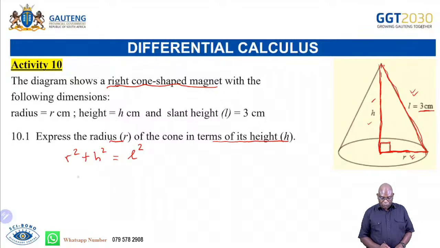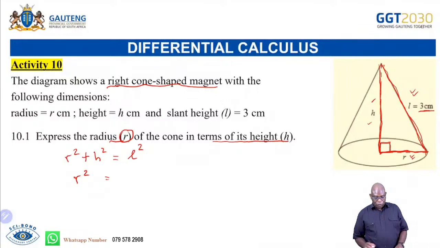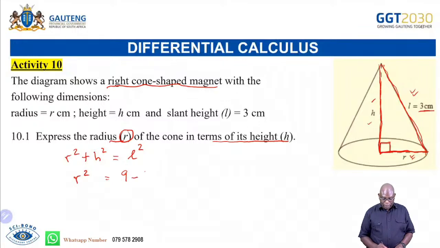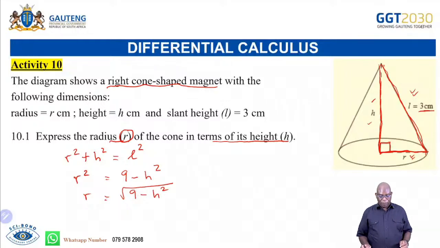So in this one, I need the R. Then they said radius. They didn't say radius squared. So radius squared will be the slant height squared, which is 3 squared, 9, minus the h squared. And now the R will be the square root of 9 minus h squared. My boys and girls, this R, the square root of 9 minus h squared, it's not 3 minus h.